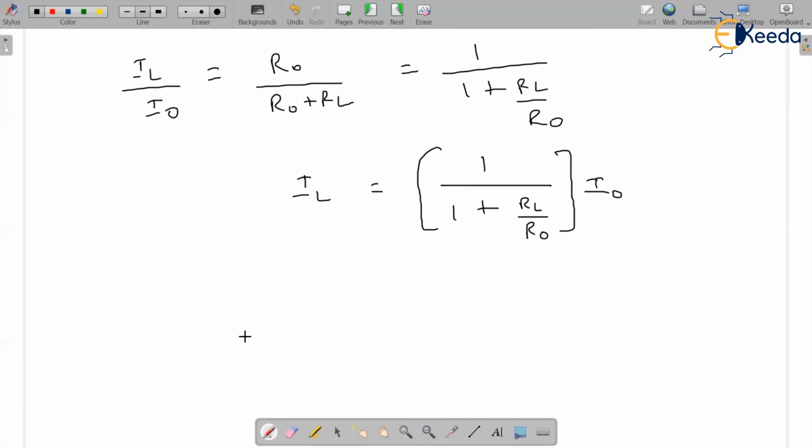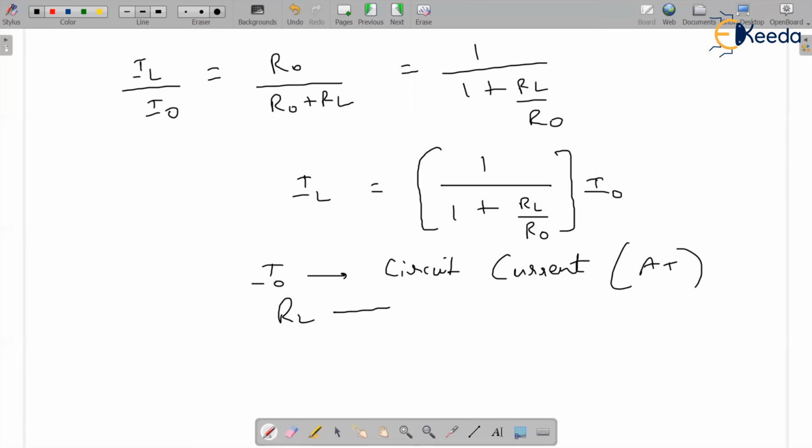I naught is the circuit current, the true value, and RL is the ammeter resistance.